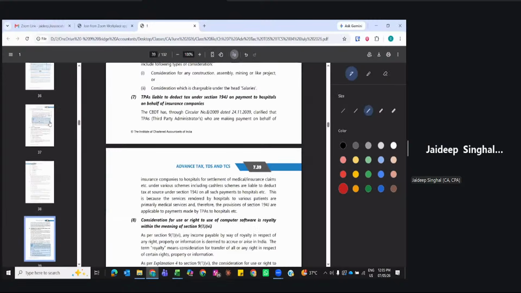The CBDT has clarified by circular that third-party administrators who are making payment on behalf of insurance companies to hospitals for settlement of medical claims under various schemes, including cashless schemes, are liable to deduct TDS under 194J. This is because services rendered by the hospital to patients are primarily medical services, and 194J is applicable to those payments made by the TPA to the hospitals.